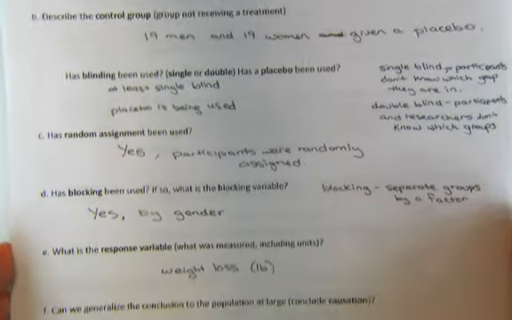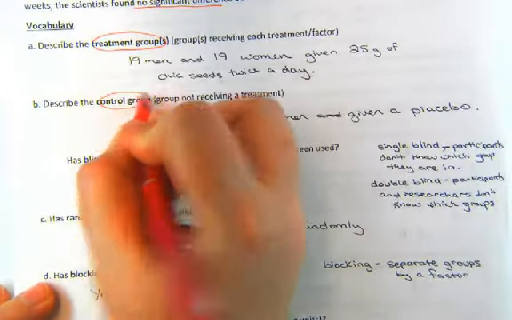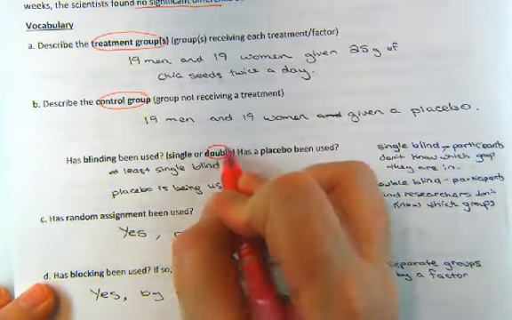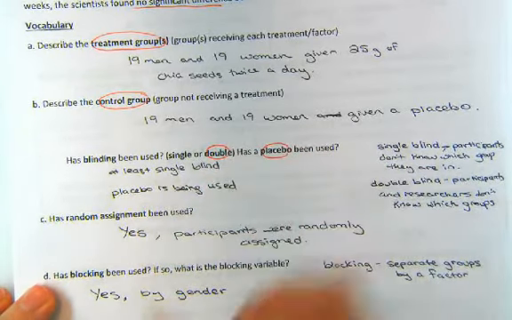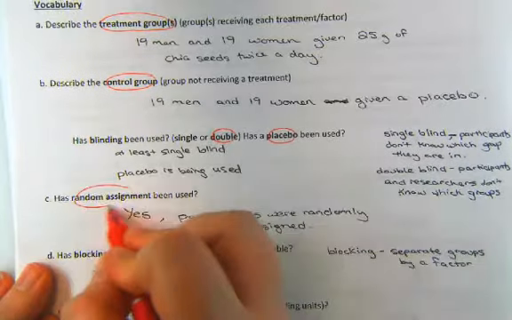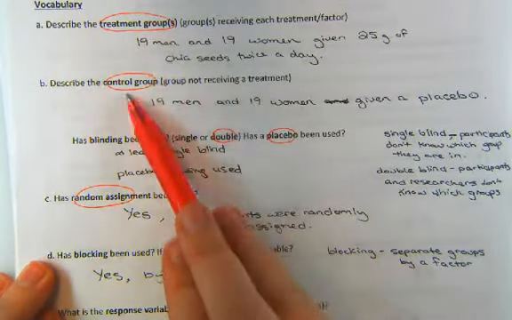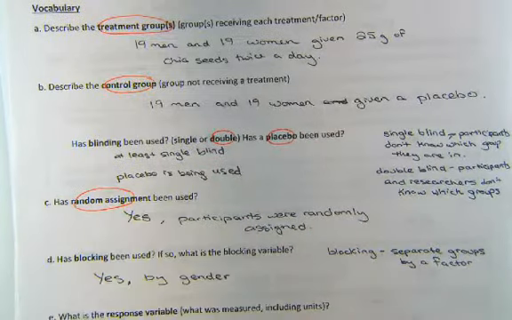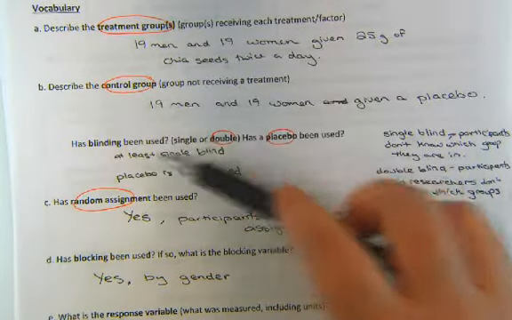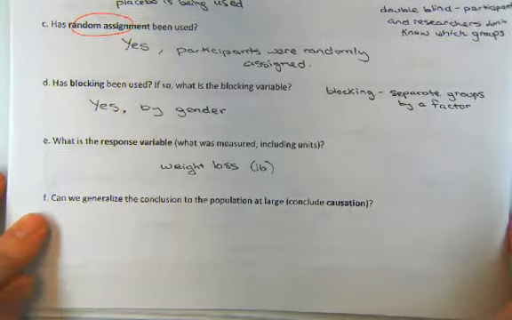Key pieces are that we need a treatment group and a control group. Ideally, it would be double-blind with the placebo. Single-blind is good too. Random assignment is important. And blocking doesn't have to be used, but it can be used. These are the pieces we need to have a nicely designed experiment so that we can talk about causation, cause and effect. Because if we have these pieces, we're eliminating enough bias to get to that point.